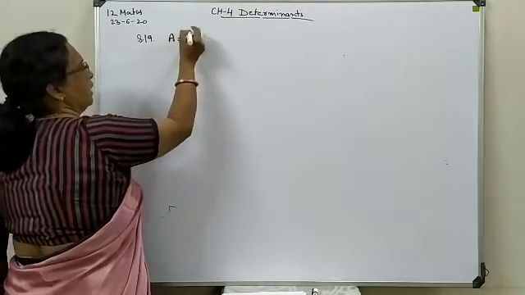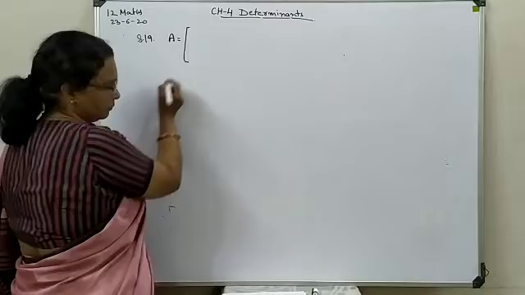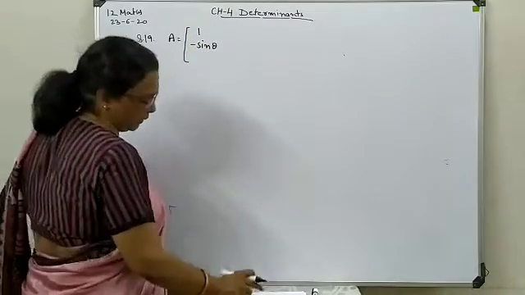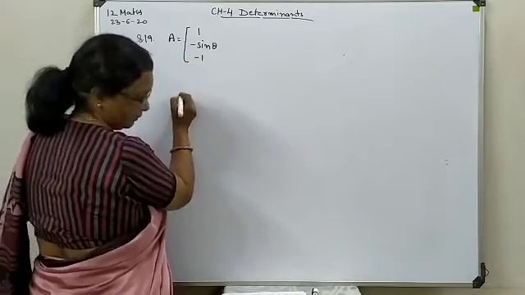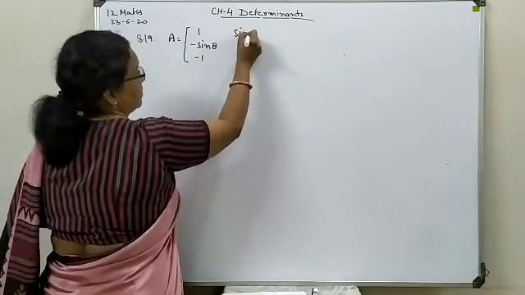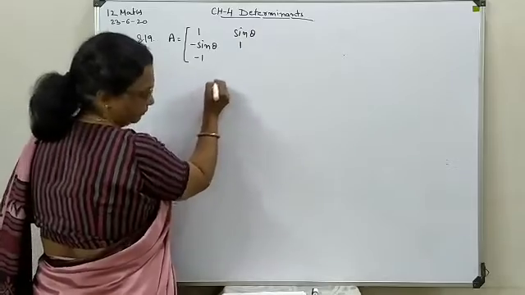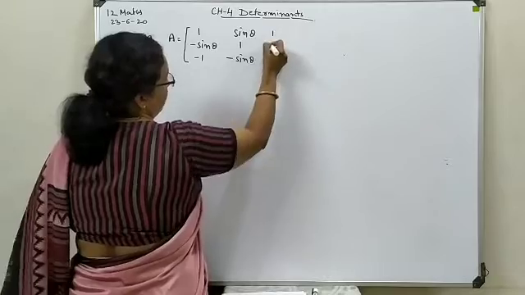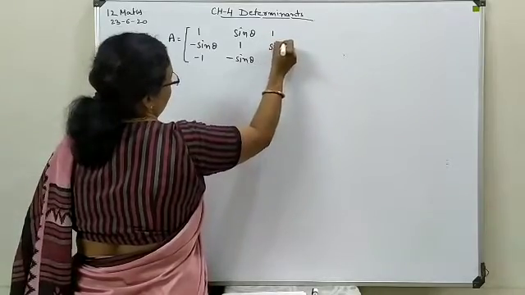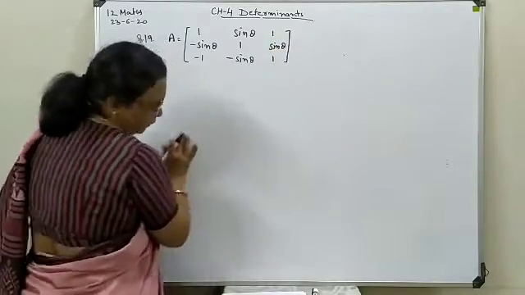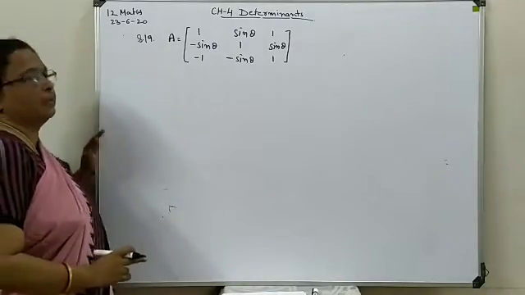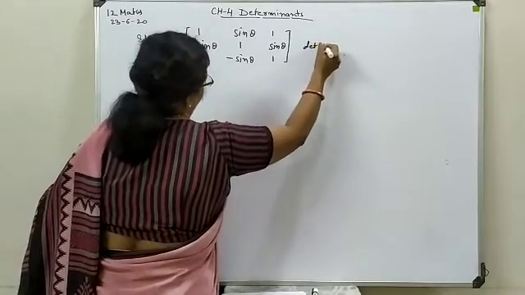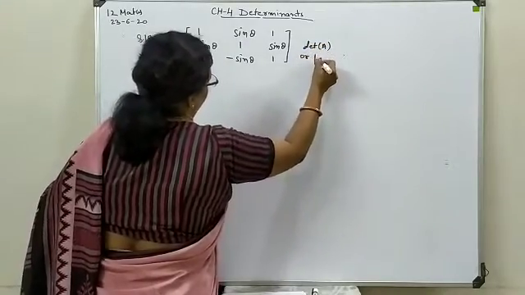Your matrix is available as 1, minus sin theta, minus 1; sin theta, 1, minus sin theta; and last it is 1, sin theta and 1. Now this is the matrix form available. We have to find out the determinant value of A.